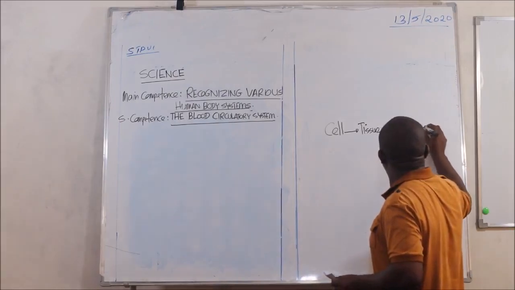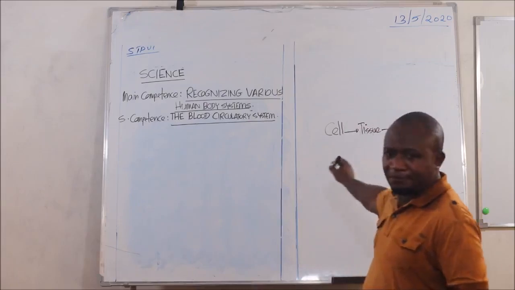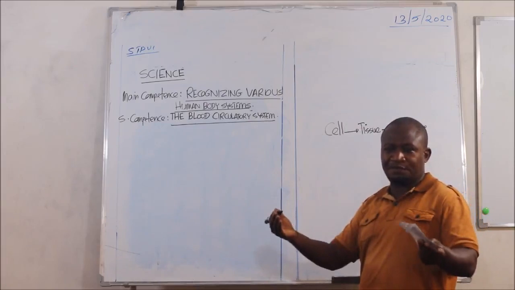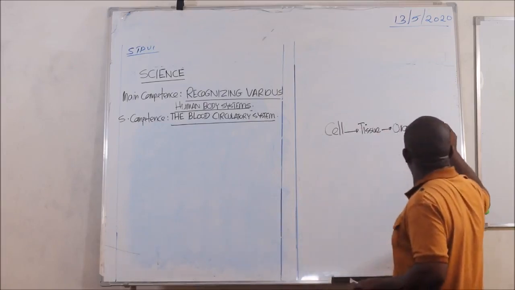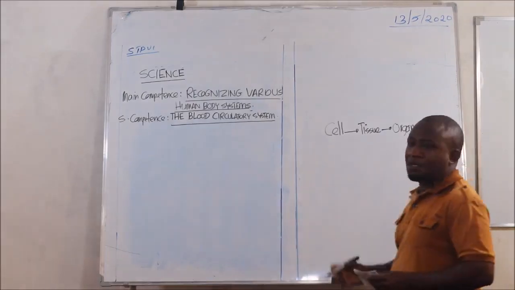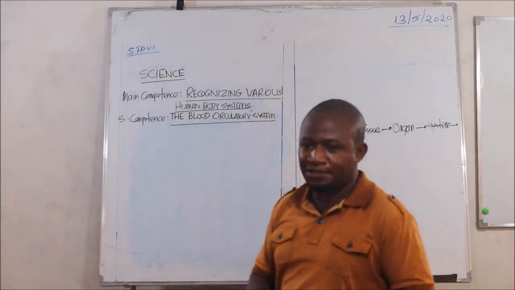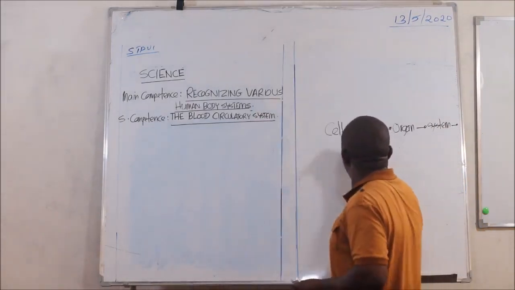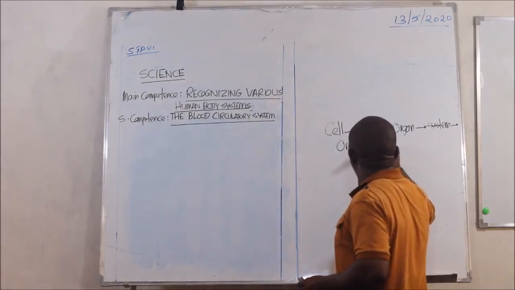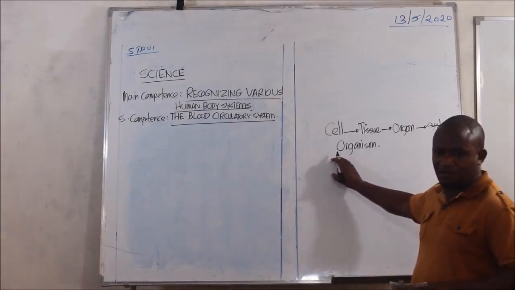Okay, from tissue we get organs. This order is very important to be known. Now, different organs performing one particular function form a system. And various systems performing one particular function form an organism. This order, therefore, is very important to be understood.